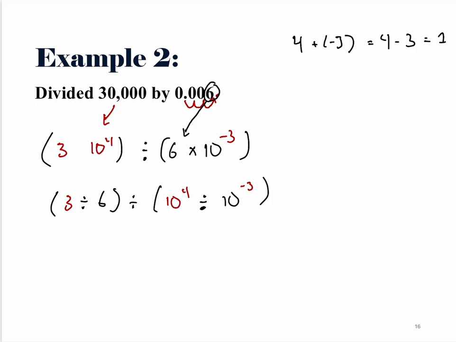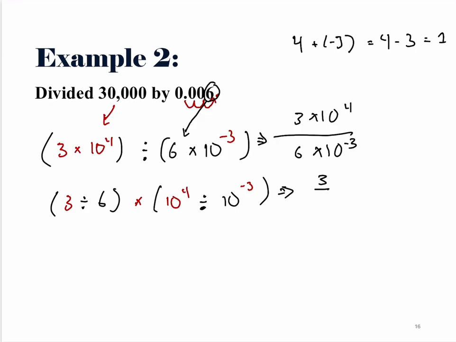You keep that the same. All right, so it's 3 divided by 6 times 10 to the 4 divided by 10 to the minus 3. I'll write this neater. 3 times 10 to the 4 over 6 times 10 to the minus 3. This is the same thing.